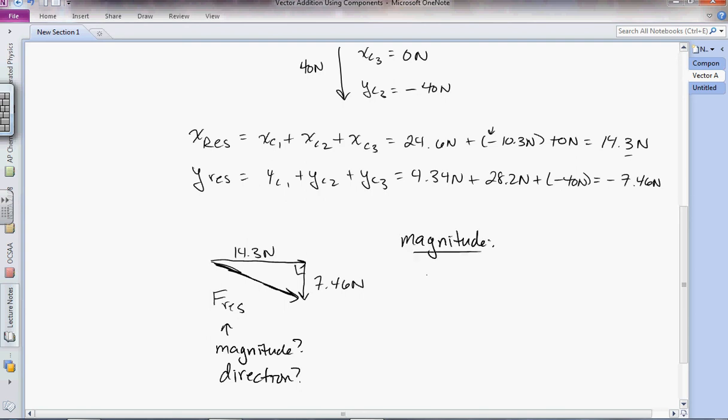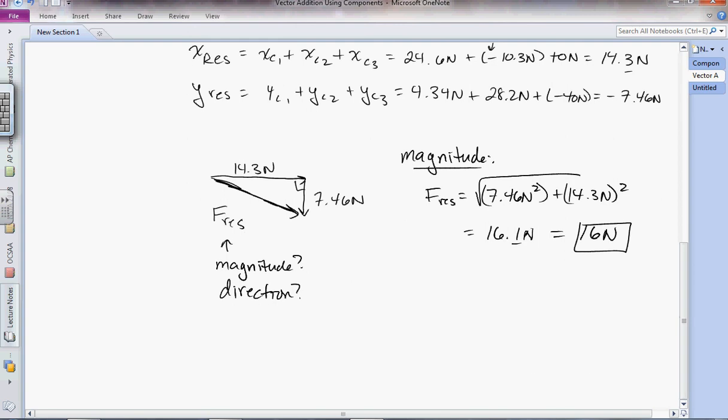The magnitude of that resultant force is equal to the square root of 7.46 newtons squared plus 14.3 newtons quantity squared. If you take that square root, you would get 16.1 newtons. That is an extra sig fig there, so we would say that the resultant force has a magnitude of 16 newtons.